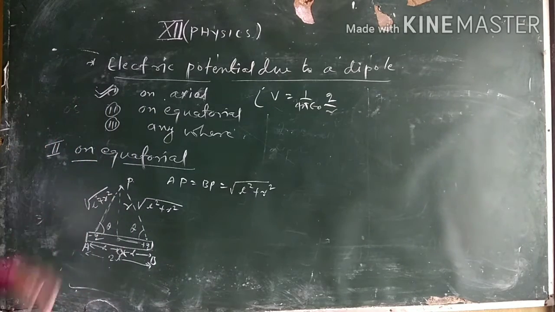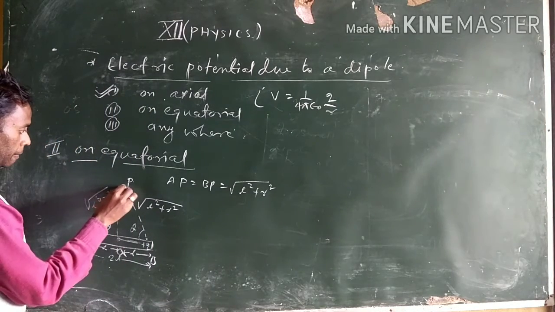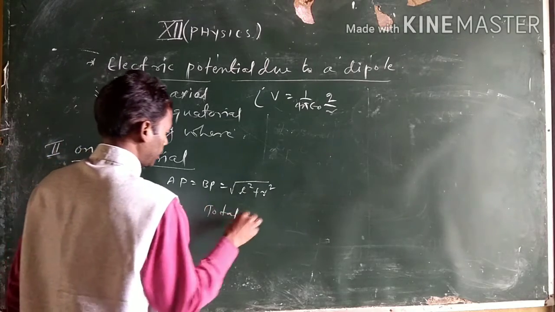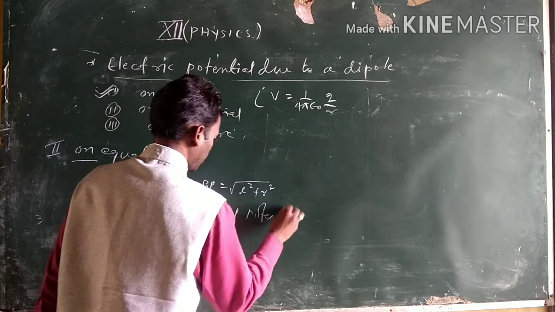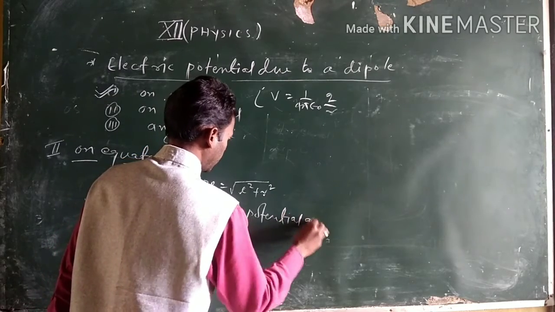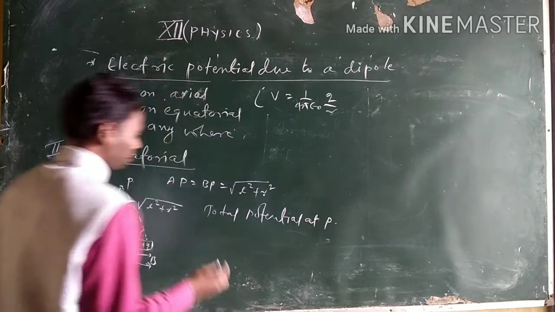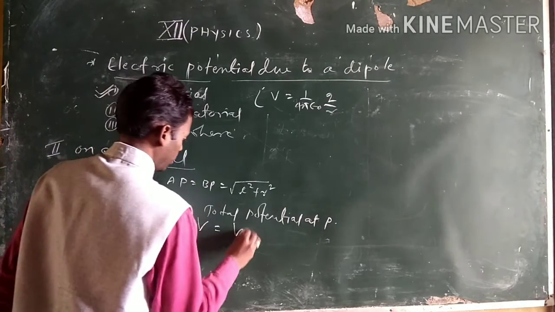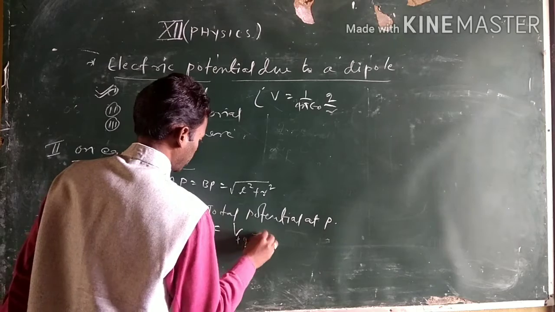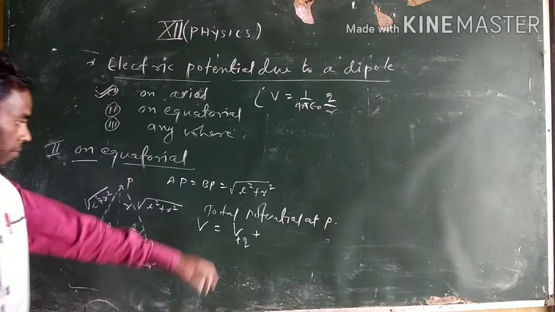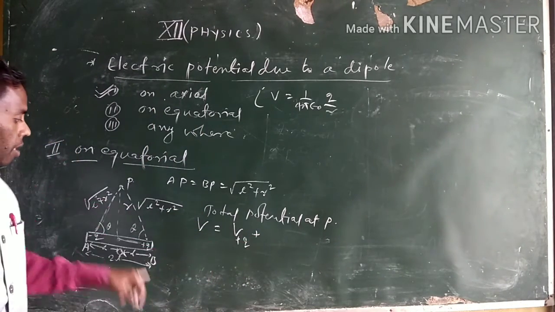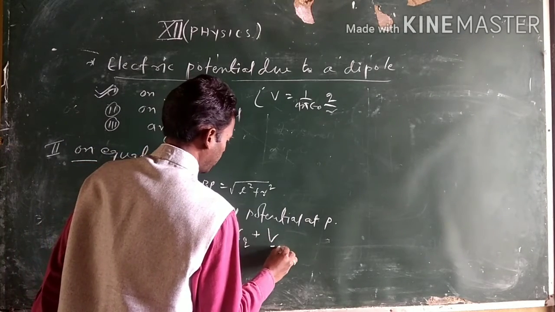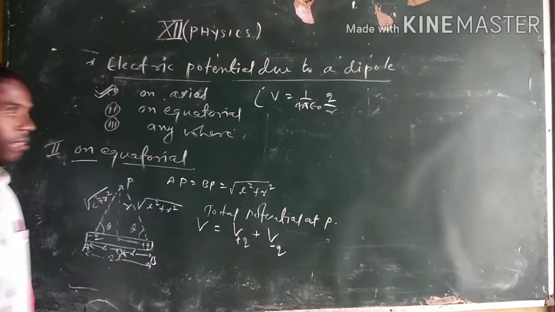Potential at P, okay. Total potential at P is equal to, that means our V, minus Q charge plus Q charge, potential at P due to plus Q charge, okay, plus potential at P due to minus Q charge.